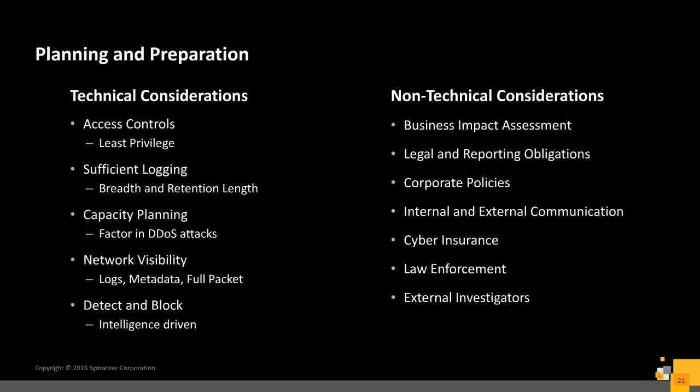So, planning and preparation: these technical considerations are probably already being done in your environment, but take a look at them and just be sure of that. Access controls: Darren talked about ransomware spreading via file shares. It's very simple. Users have access to file shares.